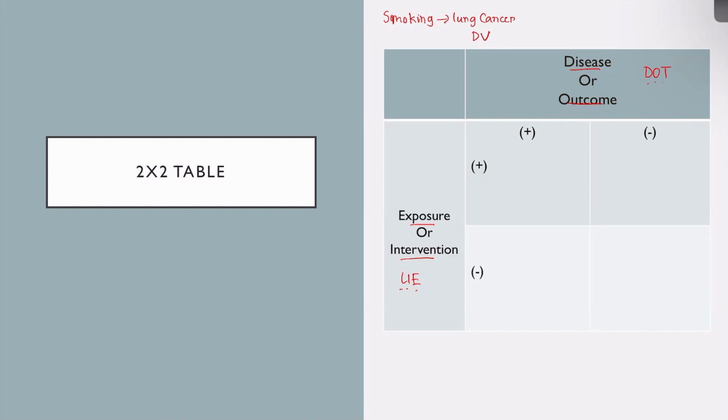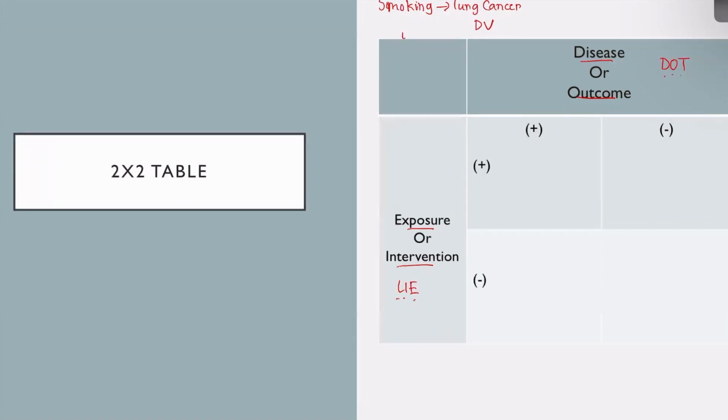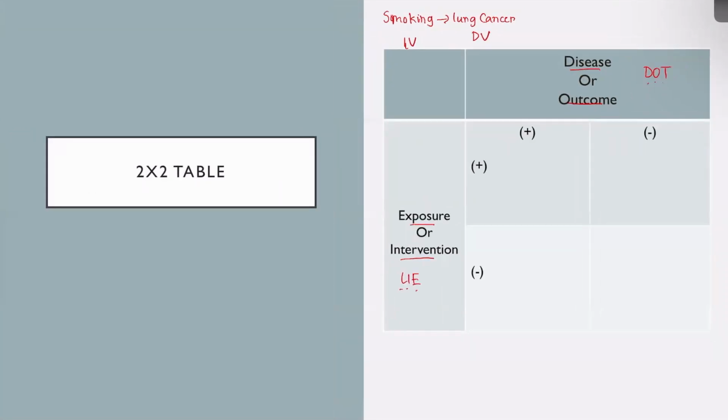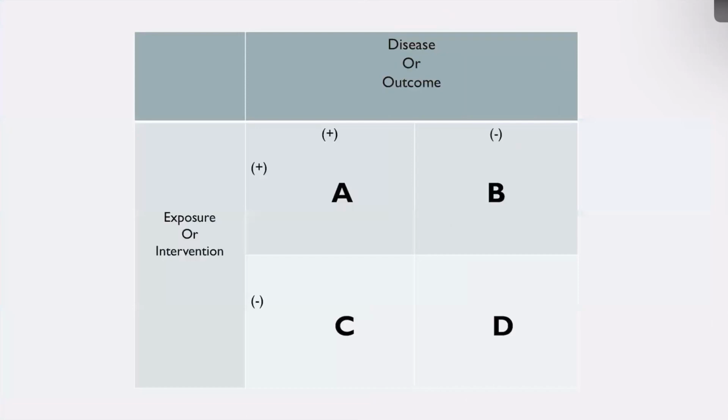It does not depend on lung cancer. Anybody can smoke, right? So this is your independent variable. Smoking, being your independent variable, will go on the left side here, and on the top, your dependent variable will go. All right. So here we go to the next slide.